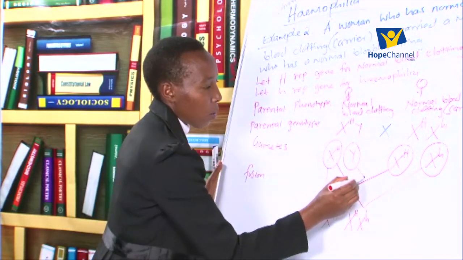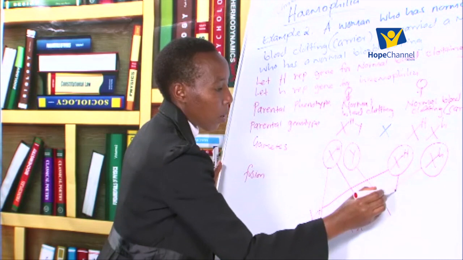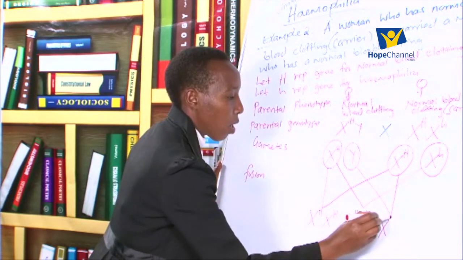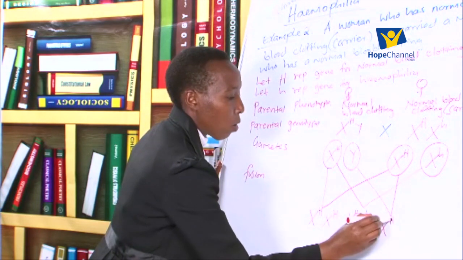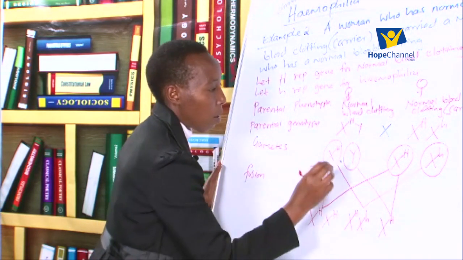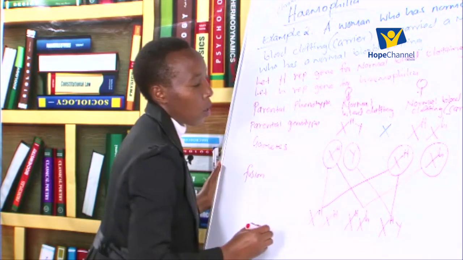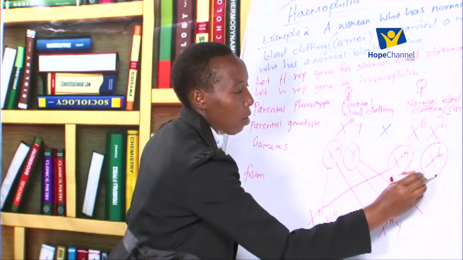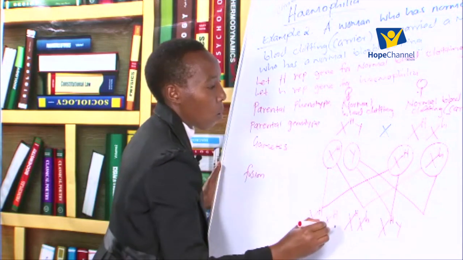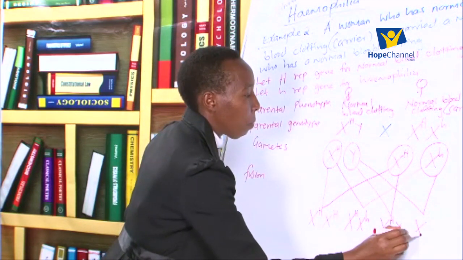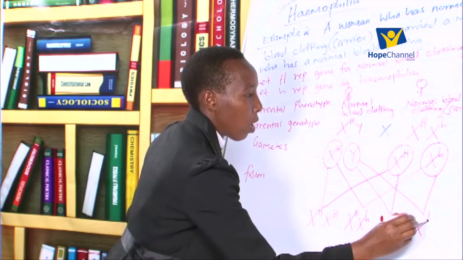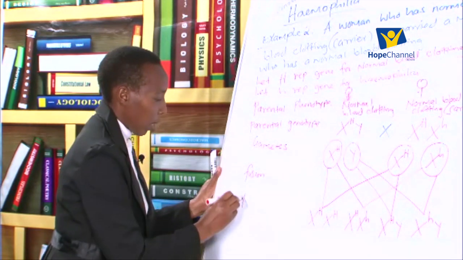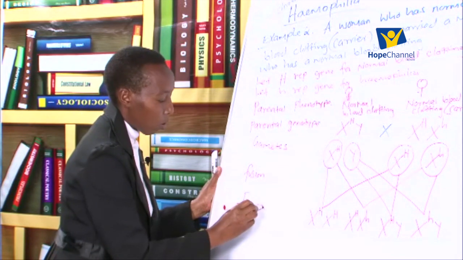Then if you fuse this one and this one, you are going to have a boy, and the boy is very normal. And if you fuse this gamete and this one, you are going to have a boy who is hemophilic. So that is the F1 genotype.